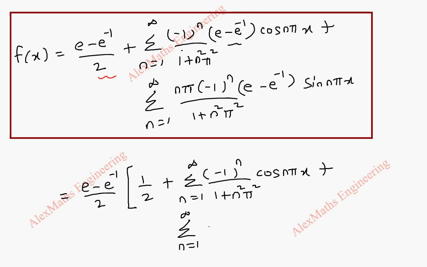Here if we want we can take pi common, or else we can keep it inside also. n pi into minus 1 whole power n by 1 plus n square pi square into sin n pi x, because we have taken only e minus e power minus 1 by 2 alone common.